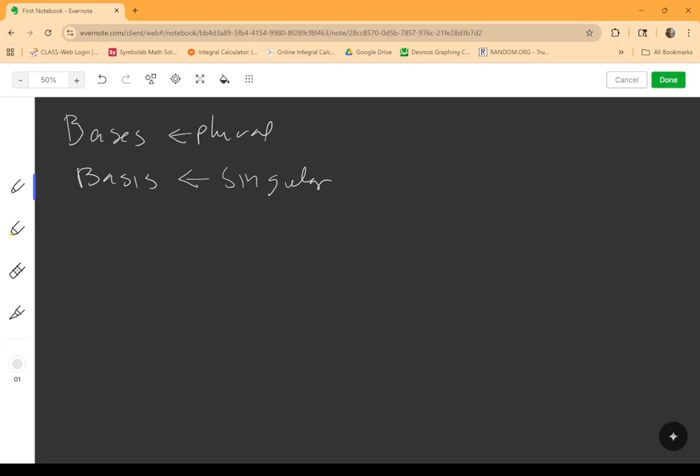All right, so let's define what a basis is. Definition, basis.